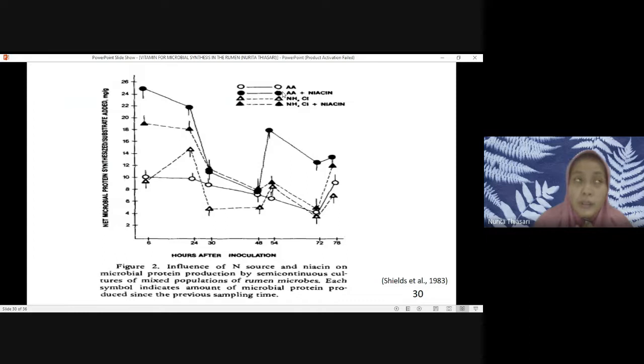The black circle, or the black triangle, is with the addition of the niacin. So we can see from the result, with the addition of niacin, both amino acid and ammonium chloride have a higher synthesis of the microbial protein, compared to only the amino acid and ammonium chloride.